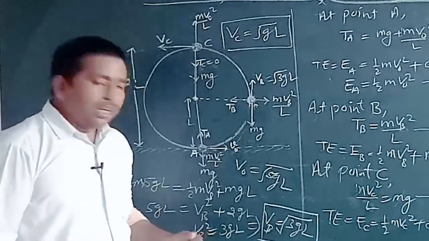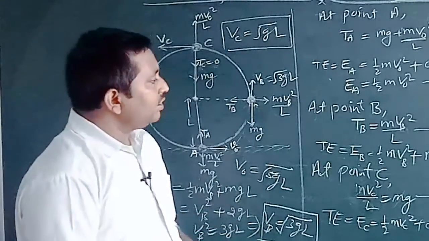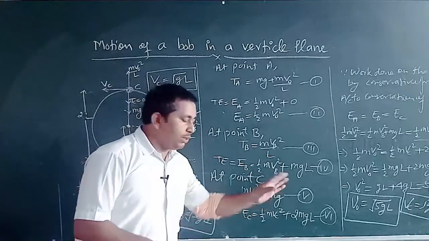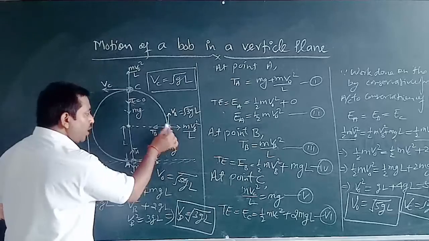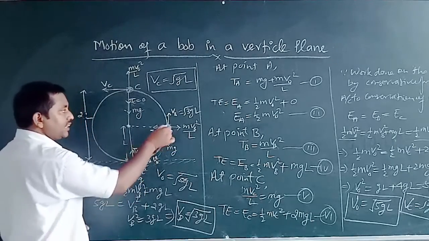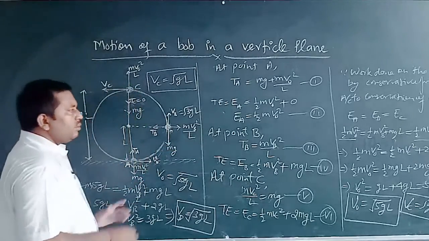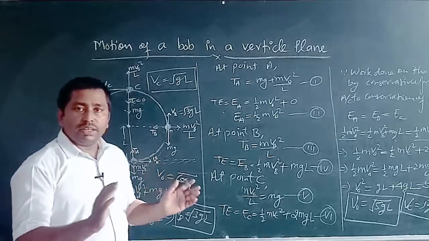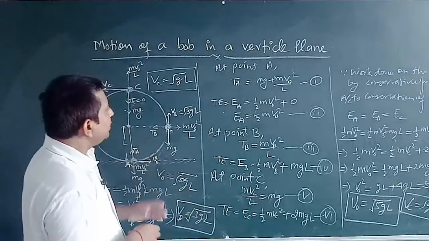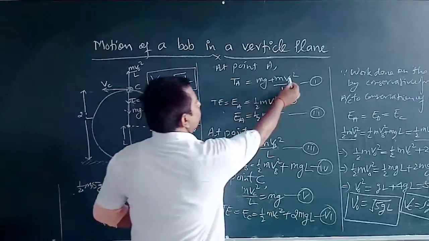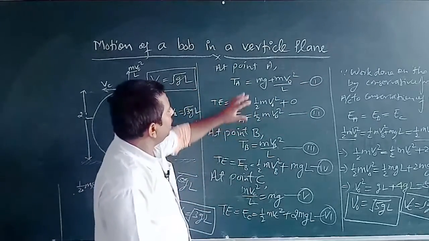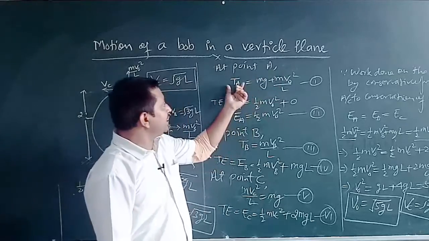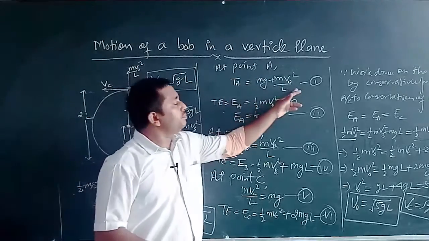Okay, so as we have obtained the values of v0, vB and vC, what will be the tension at these points? Tension at A, tension at B and tension at C. We will obtain it in a very short manner like this. If we put the value of this v0 square in this formula, then we will obtain the formula for TA.